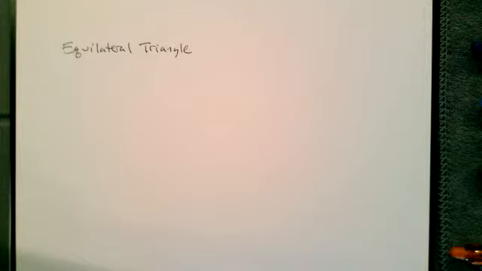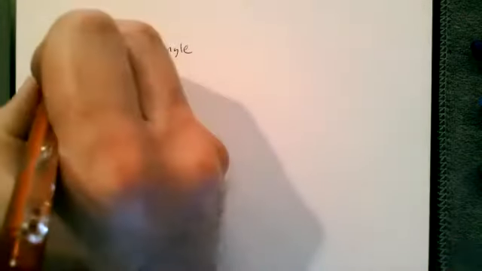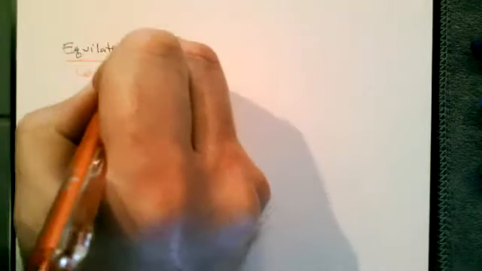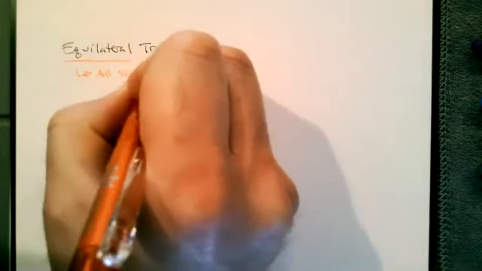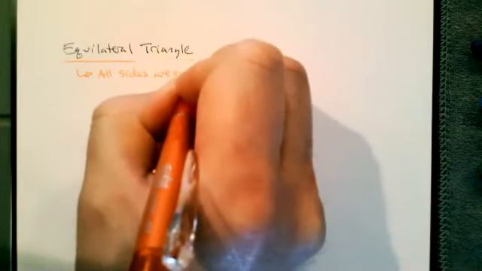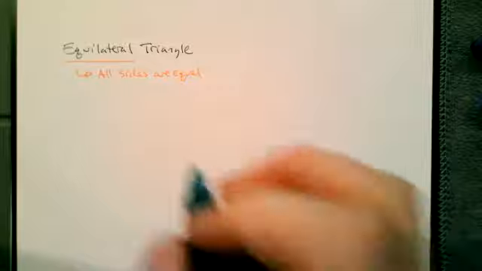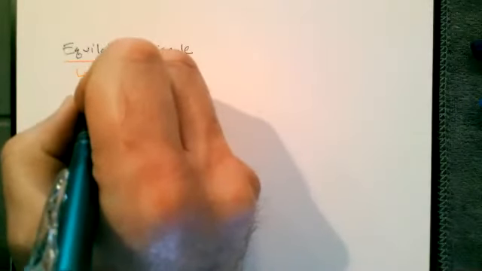Equilateral means all 3 sides are the same. And what that means is that all angles are equal as well.